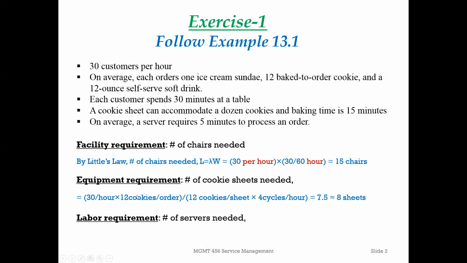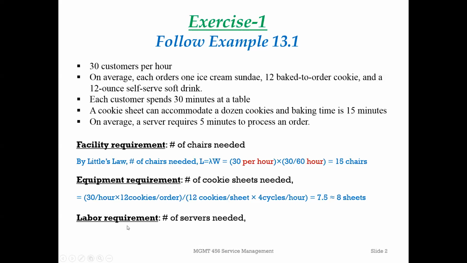The numerator is the number of cookies we need to make each hour. The denominator is how many cookies we can make per cookie sheet. You do the math and get 7.5, and round it up to 8 sheets. Whenever we get a fractional number, please make sure you round it up. So we need about 8 sheets.